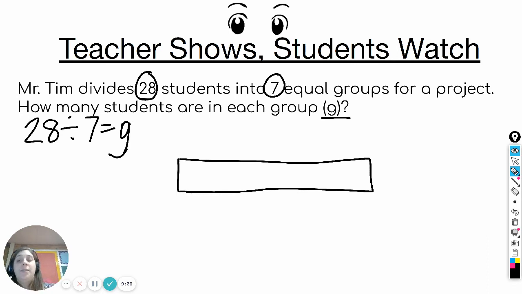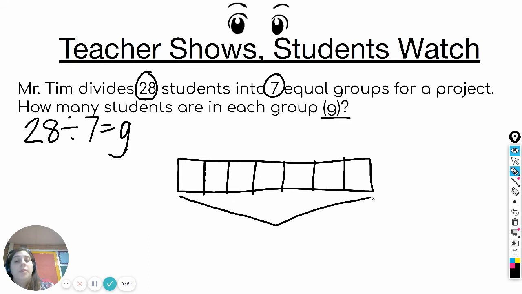I know I have 7 groups, so I'm going to break it into 7 pieces. 1, 2, 3, 4, 5, 6, 7. Double check. 1, 2, 3, 4, 5, 6, 7. Perfect. I'm going to label that as my 7 groups.